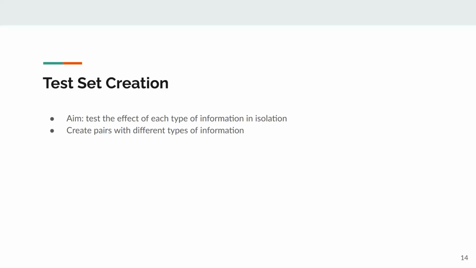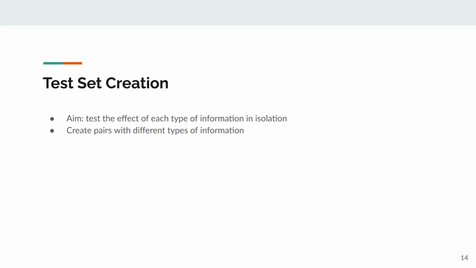A crucial thing in our data processing is the way we created the test set, because we really wanted to test the effect of each type of information in isolation without the possibility of anything else interfering. So the ideal way we thought of doing this was to have paired samples that we could then use in a statistical test, where both samples would practically be the same input.